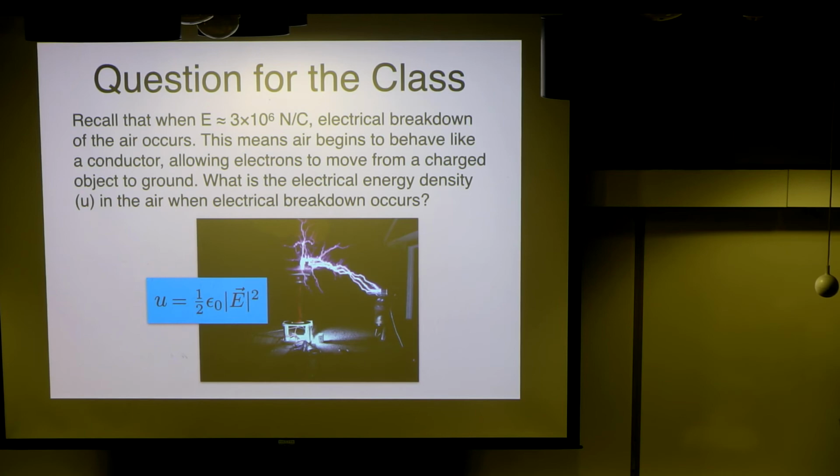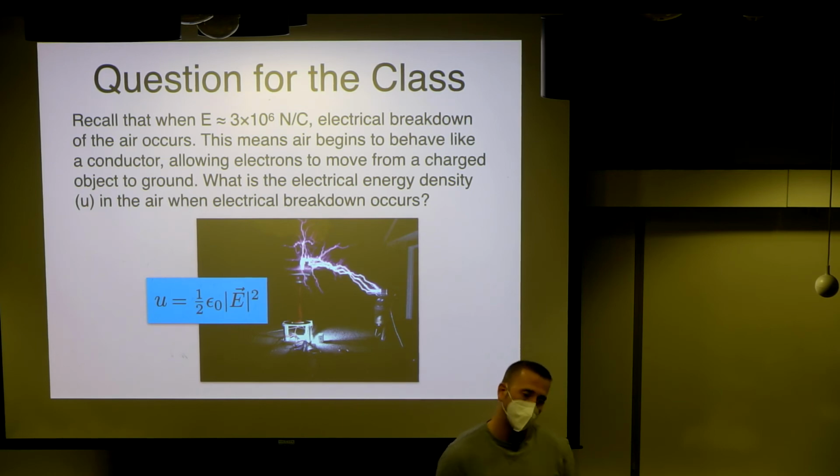I want to give you a little practice using the formula. So you may remember from the last lecture that there's this idea of electrical breakdown, where if the electric field strength in a material is large enough, that material can start to act like a conductor.